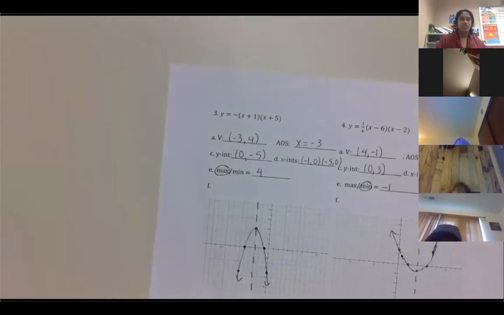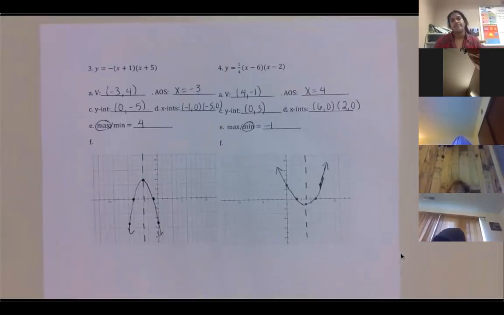All right, here you go. Go ahead and check your answers for number 3 and 4. And if you have any questions, just unmute yourself and ask them. Anyone have any questions? Okay, does anyone still need this before I switch the screen?